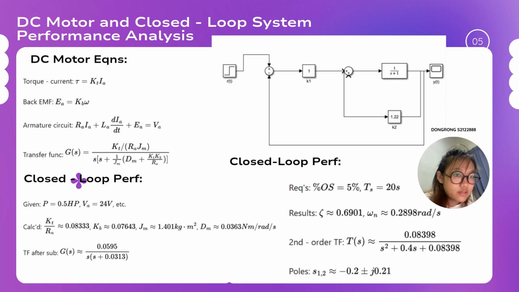We can get the result based on the design requirement for the closed-loop system performance and the damping ratio. We also got the result that S1,2 is equal to minus 0.2 plus minus j0.21.